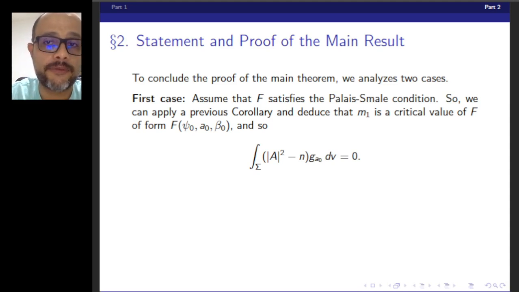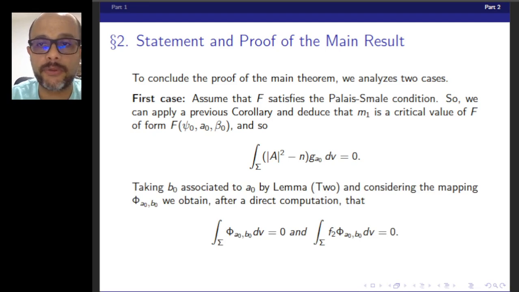Notice that if f satisfies the Palais-Smale condition, m1 is a critical point, so this triple, c_0, a_0, beta_0, is a critical point of f. In such a critical point, this integral is 0.